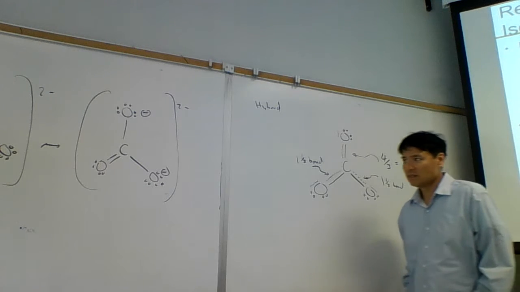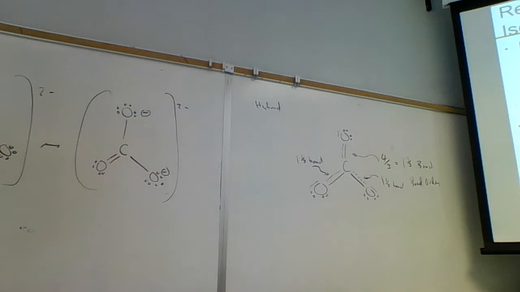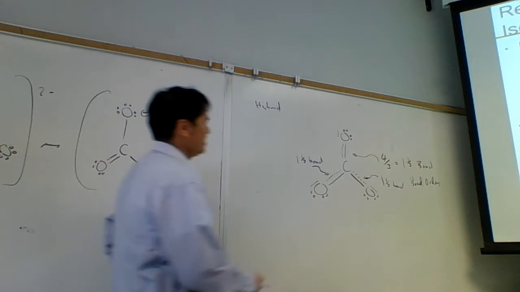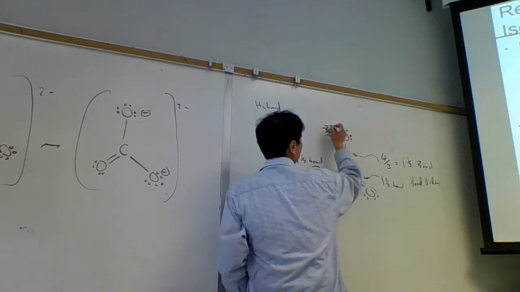And so what we'll do is this. To figure out the charge on the oxygen, I'll take this -1 and -1, so I have -2 divided by 3 atoms. If I have -2 charge divided by 3 atoms, then each oxygen atom will have a -2/3 charge.